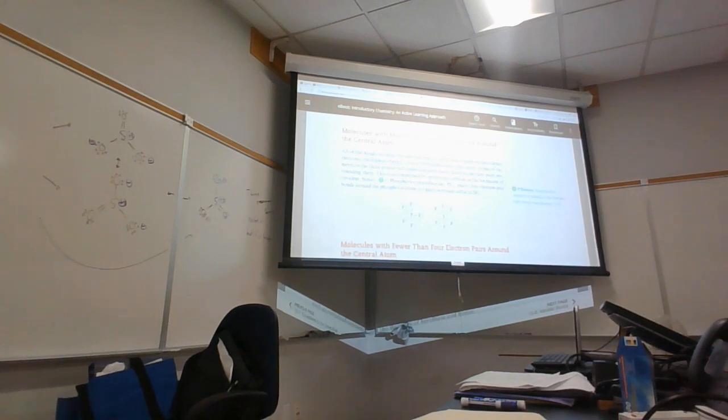For SF6, we'll have 4 of the fluorines covalently bonded. Like this. So what does that make the formal charge on sulfur?